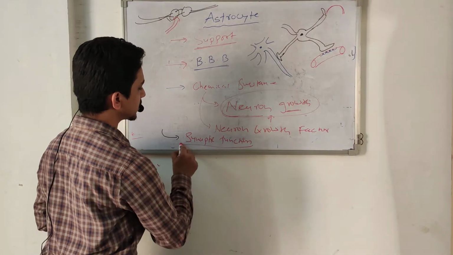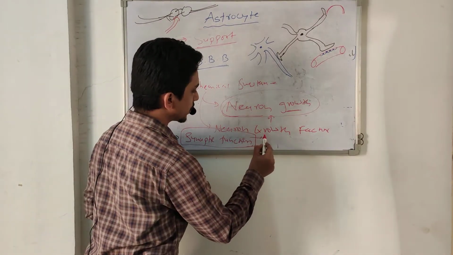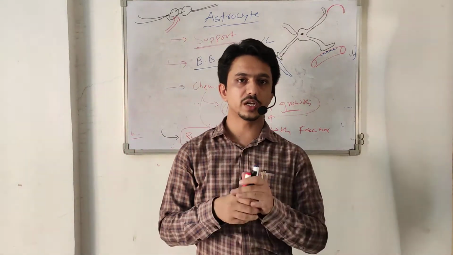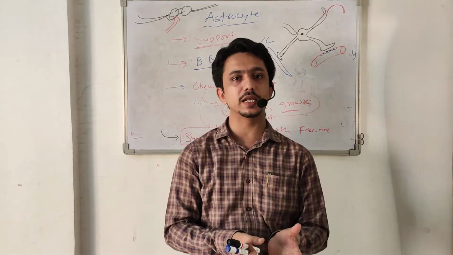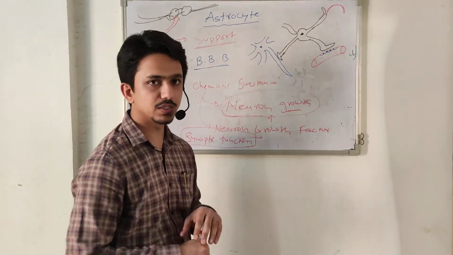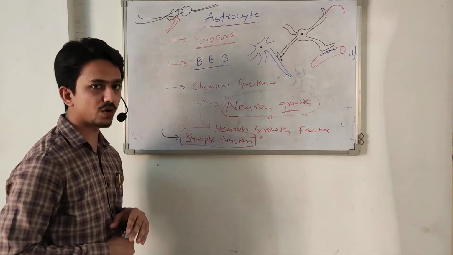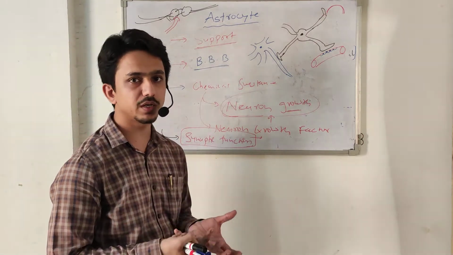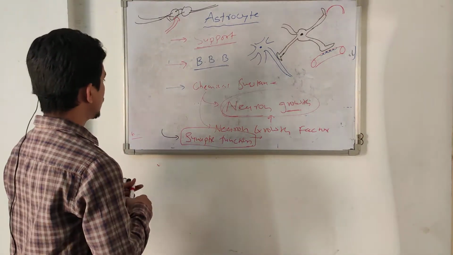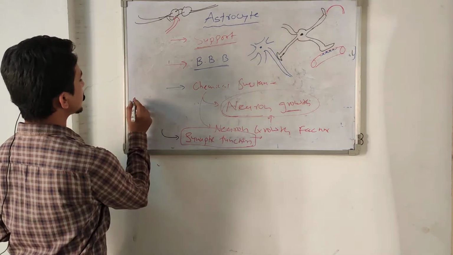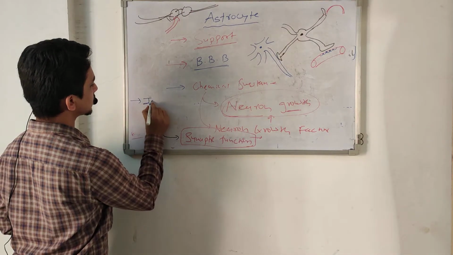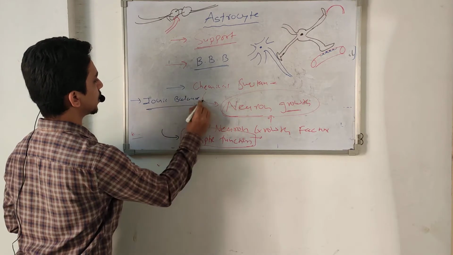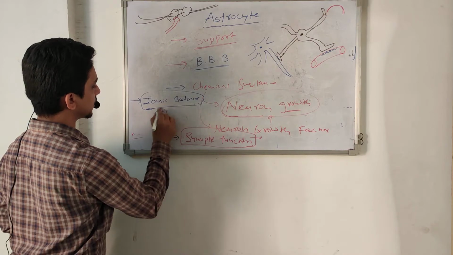What type of synaptic functions? They are responsible for reuptake of excessive neurotransmitter. Whatever neurotransmitter remains in the synapse, if it is excessive, it is taken up by astrocytes. Also, the next function of astrocytes is to maintain the ionic balance around the neuron, especially the level of potassium.